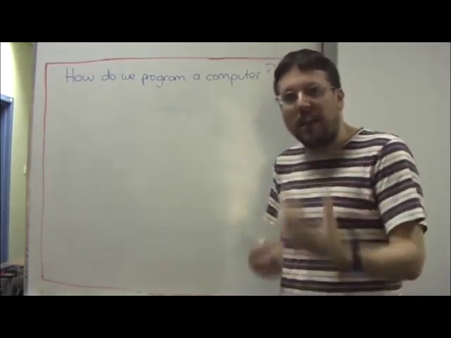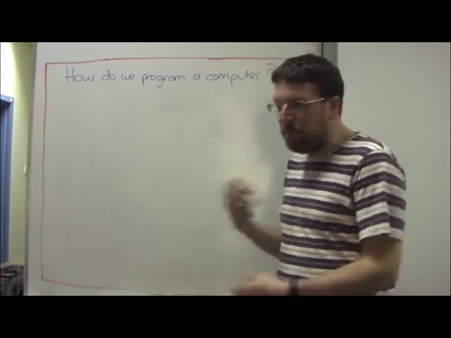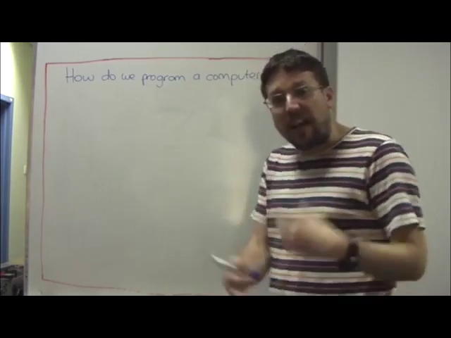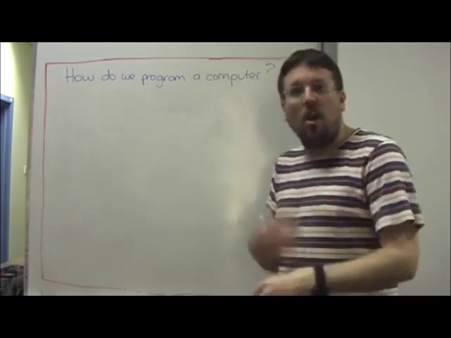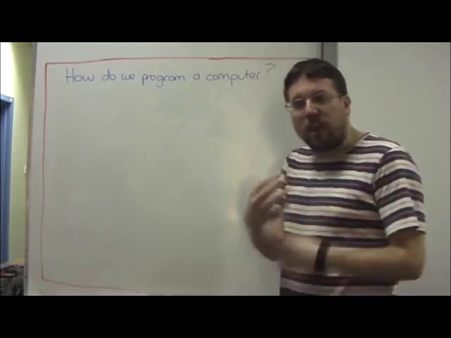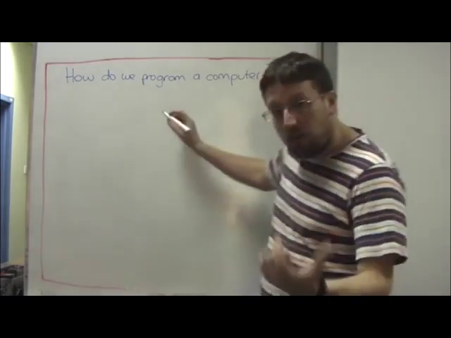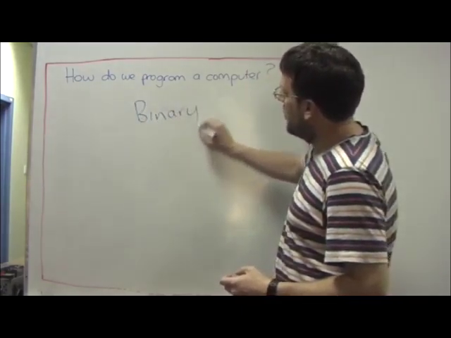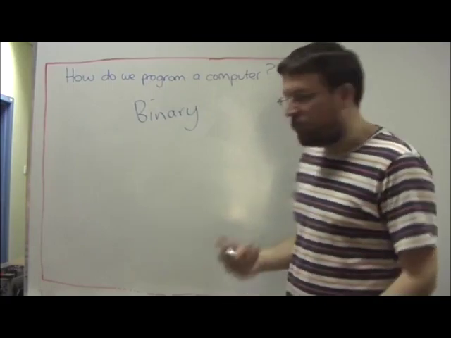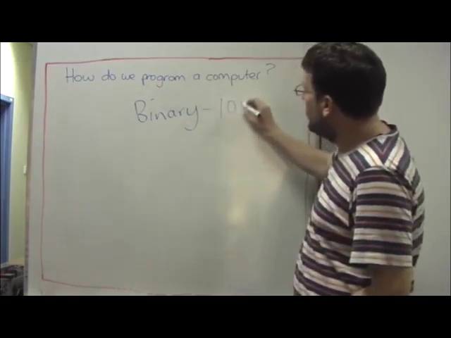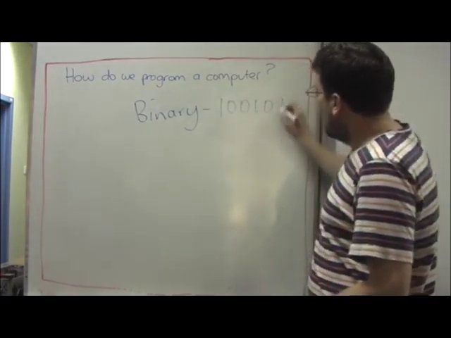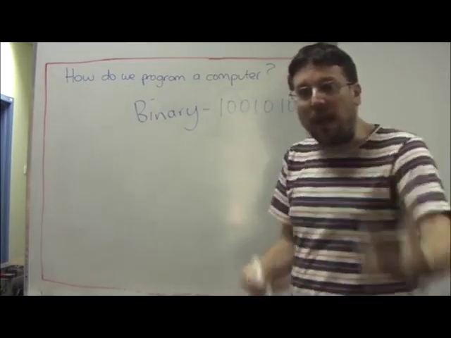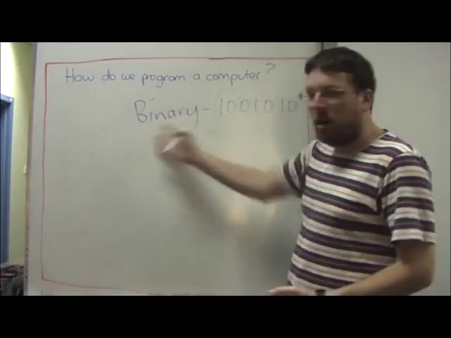An electrical circuit uses electricity, and electricity has two states, on or off. So the language of a computer, which we learned about before, is binary. Binary is just a sequence of ones and zeros. So the language of your computer is binary code.